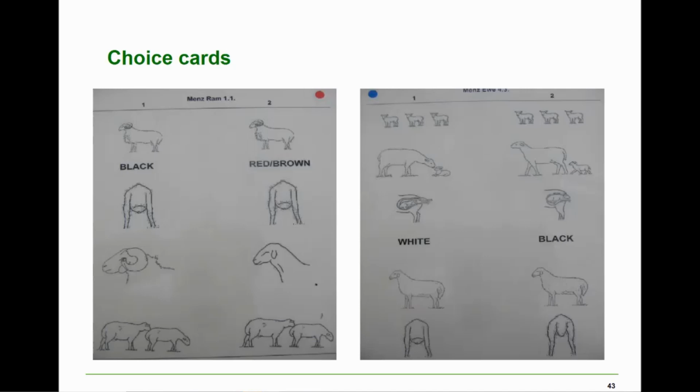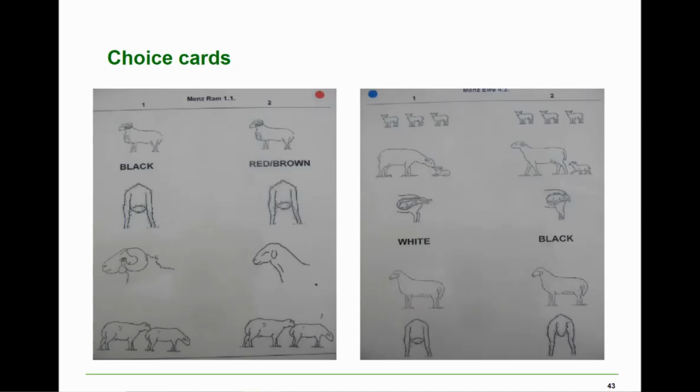And the cards and the symbols of these cards are interchangeable. And if we do a lot of variations of these hypothetical animals, then we can have a good idea what the farmer's preferences are.